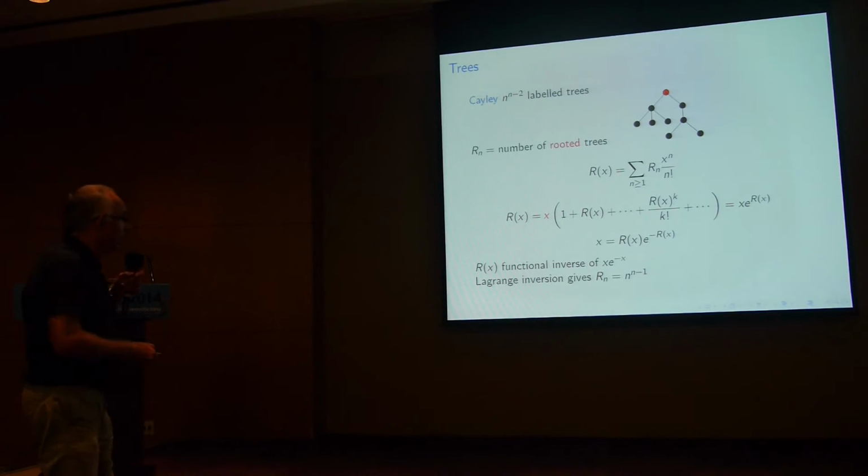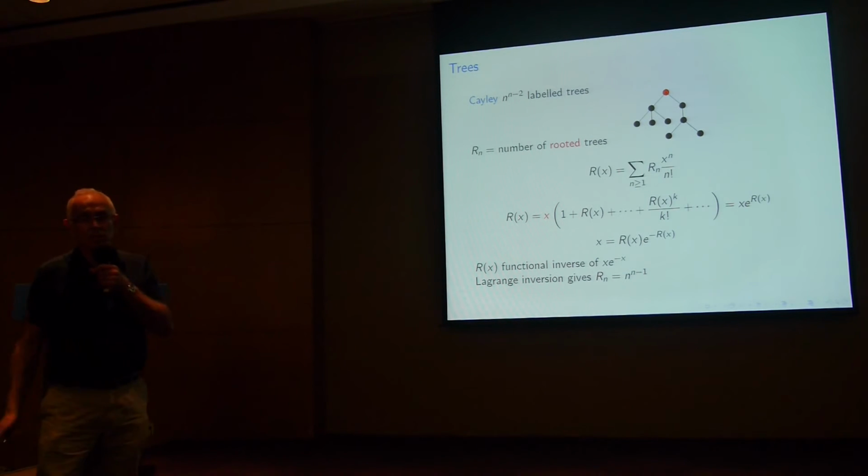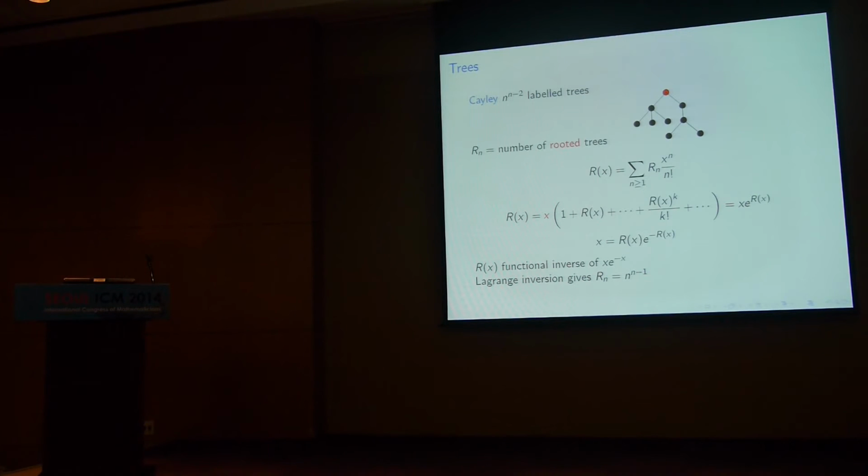And the goal now is to analyze these equations. In a few cases, and this is the only case in this talk, we can find the solution exactly. But even if the equation is too complicated to find the solution exactly, we can say a lot of things from the functional equation satisfied by the generating function, as we are going to see in a moment.